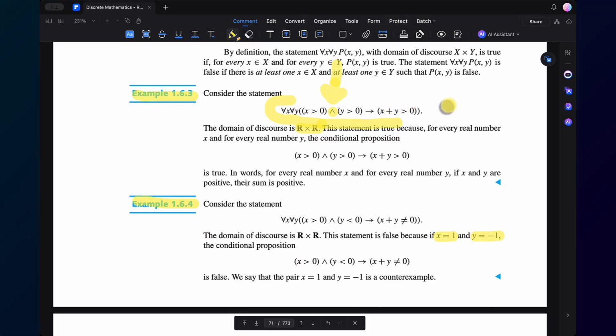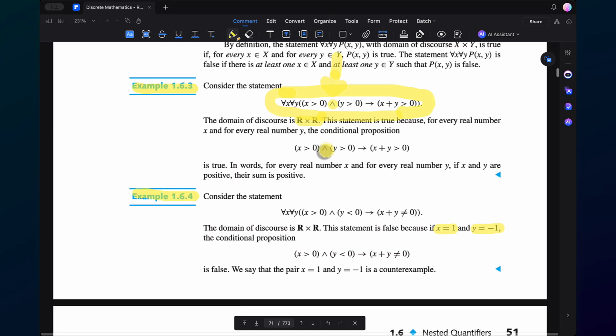We can try to give an assessment of truth. The domain is R cross R. This statement is true, because if you take a real number that's greater than 0 and another real number that's greater than 0, and you add them together, that's greater than 0. So that's a true statement.